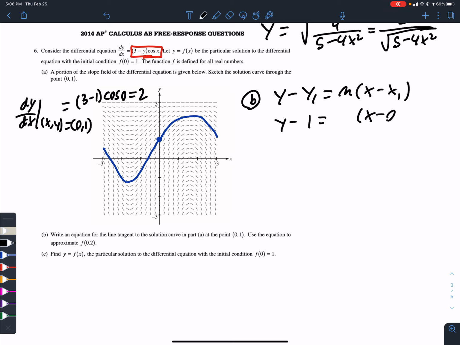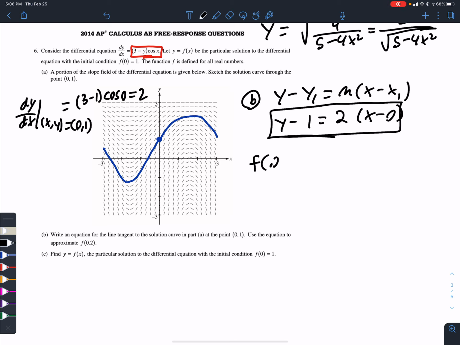So we found the slope, plug it in here. There is your tangent line equation, right? Then it asks you to approximate f at point 2. So the actual blue equation at point 2, I don't know that equation, so I use my tangent line to approximate it at point 2. And that's going to be, you know what, let me solve this for y.